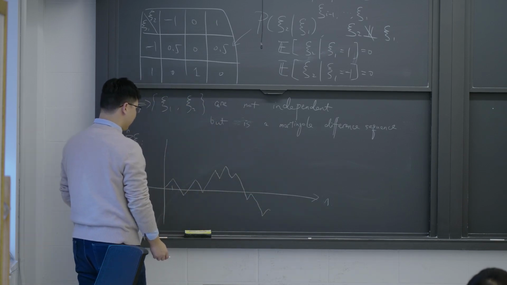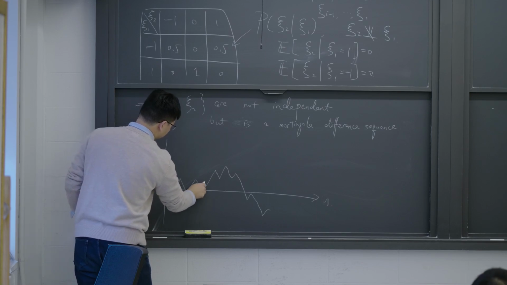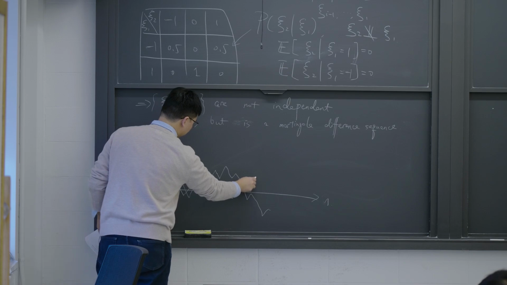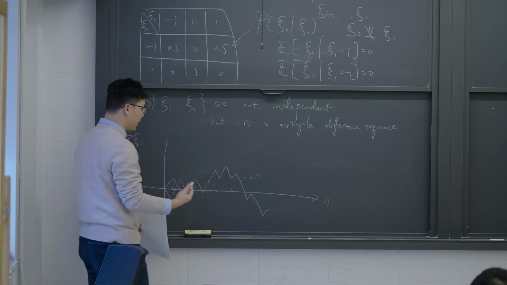If I have another realization, it looks something like this. Those are two different realizations of the random walk.